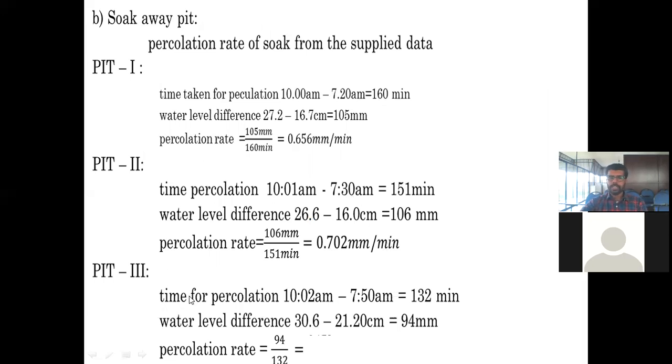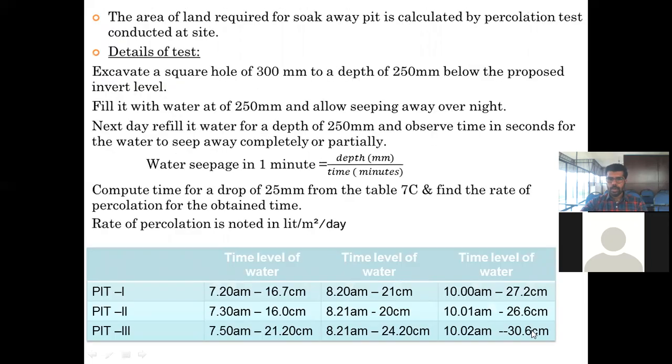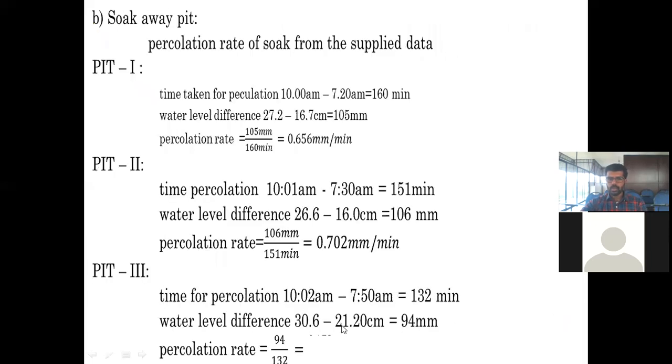Now in pit 3, the time for percolation from 7:50 a.m. to 10:02 a.m. is 132 minutes, and the water level difference is 30.6 to 21.2, which is 94 mm. So we divide 94 by 132.